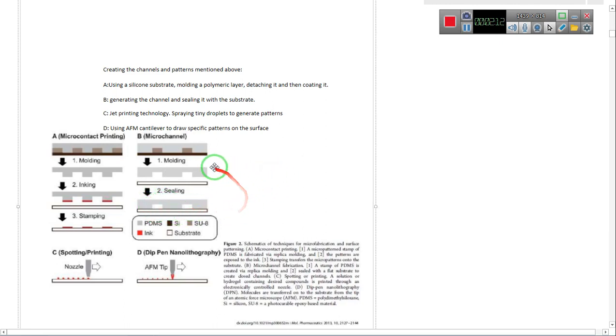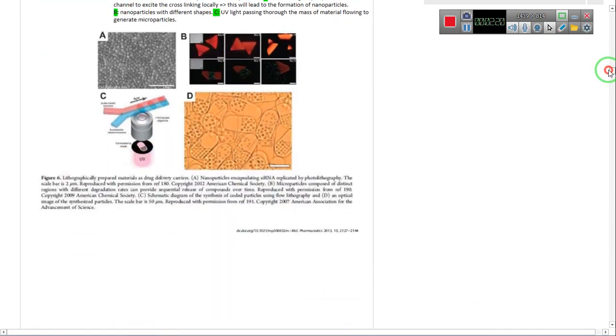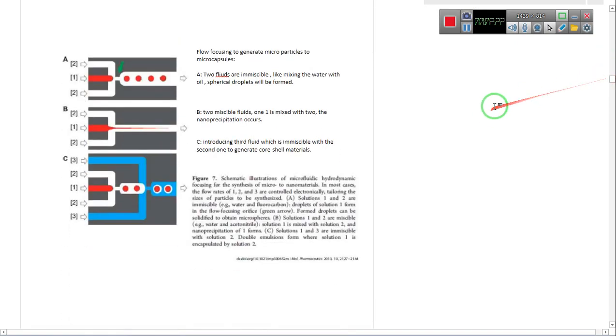But how can these microchannels help us to produce the nanoparticles? As you see here, I want to jump into this section. You see here that we can define different geometries of the channels, and by selecting the type of fluids which are going to flow inside the channels, we can form some droplets.